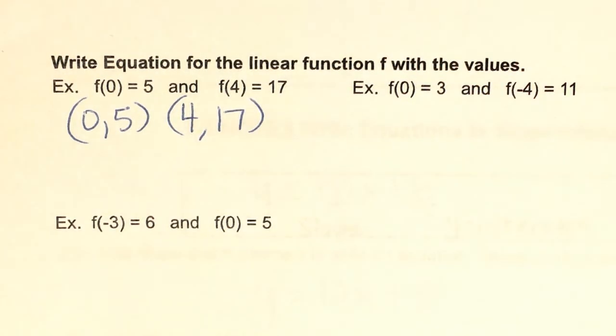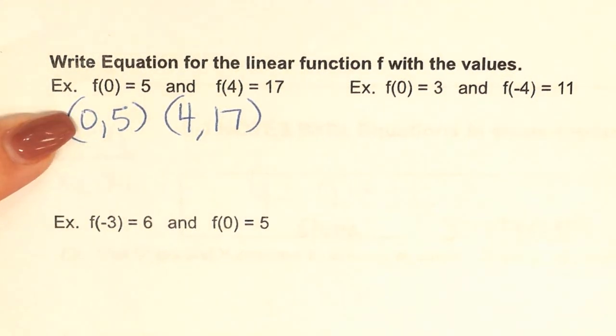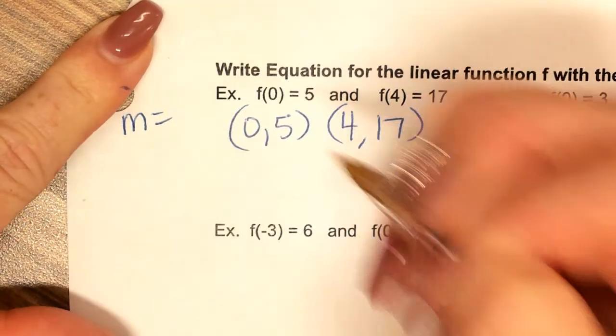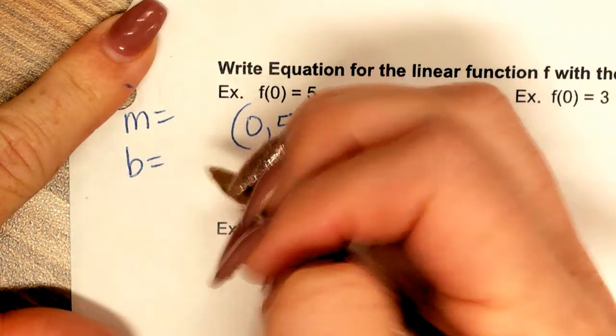Did they give you the y-intercept? How do you know? Because when x is 0, the number with it is the y-intercept. So all you need is a slope, an m, and a what? Do I already know the b? What is it?